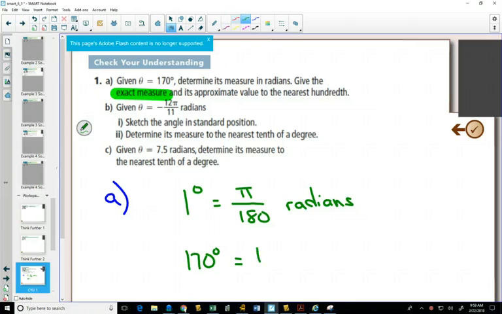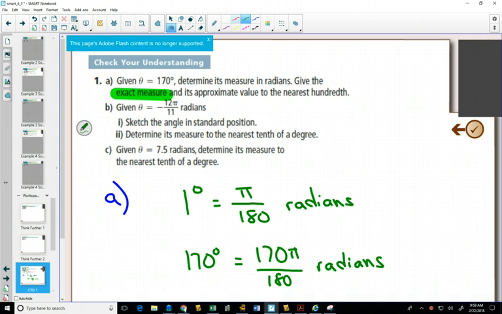And so 170 degrees is 170 pi over 180. And you could reduce this to 17 pi over 18. You could probably see that the numbers could reduce. However, you can leave fractions unreduced if you would like.